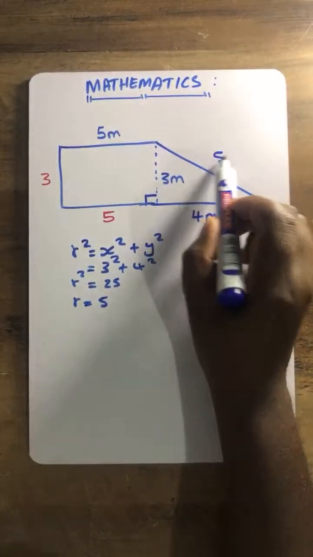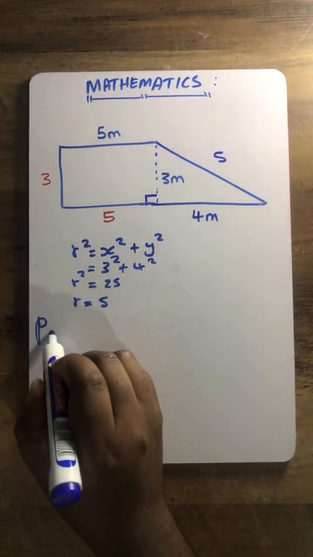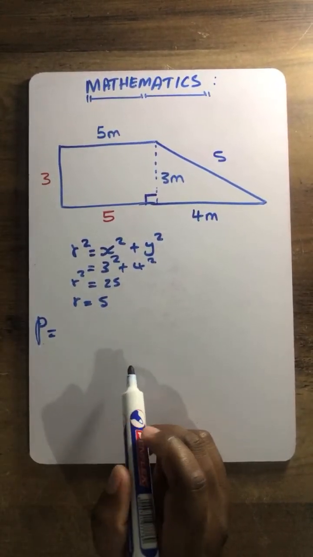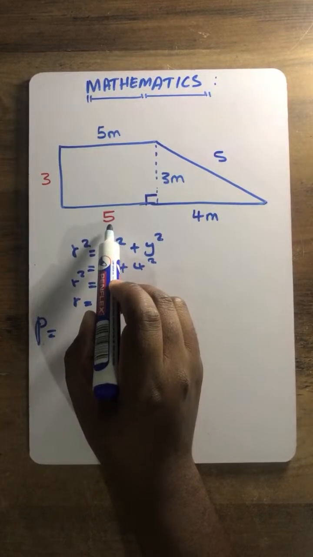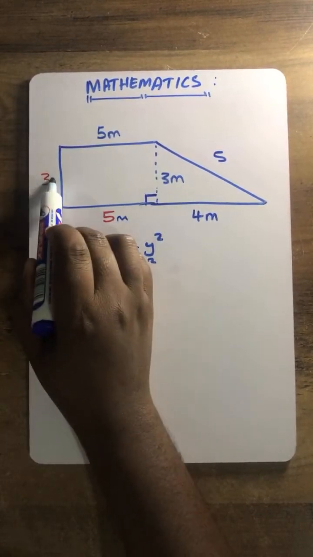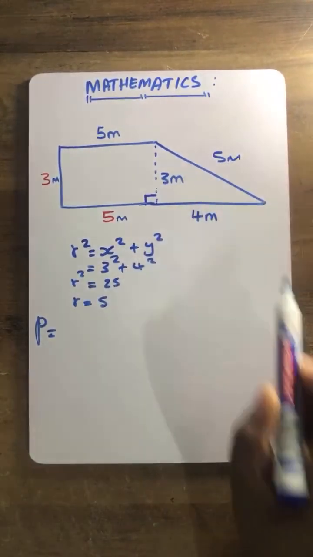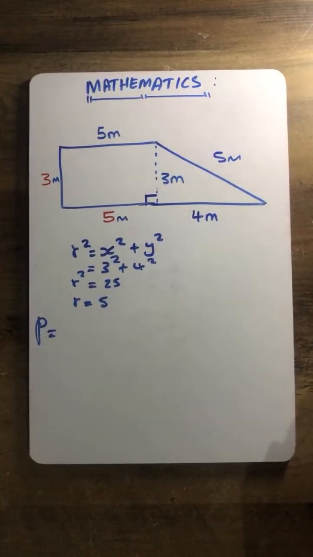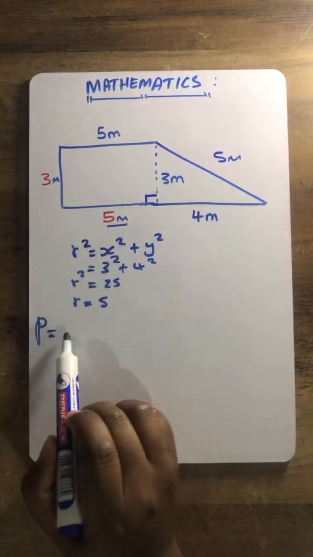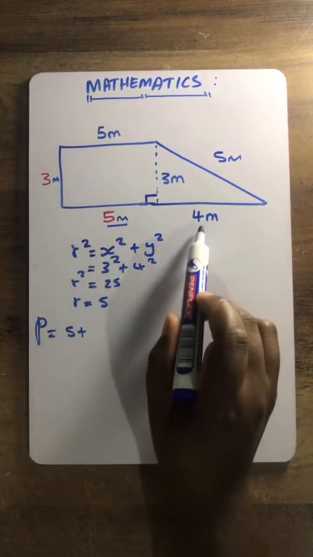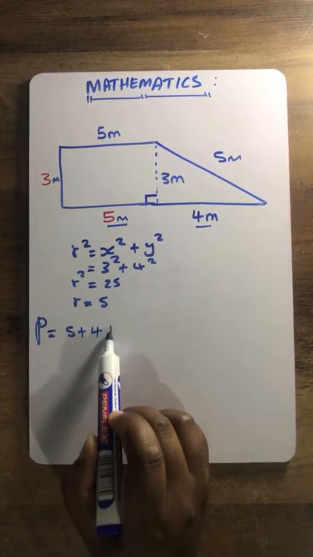So that means that side is 5. So the perimeter will be that 5 meter, there is 3 meter, there is 5 meter.